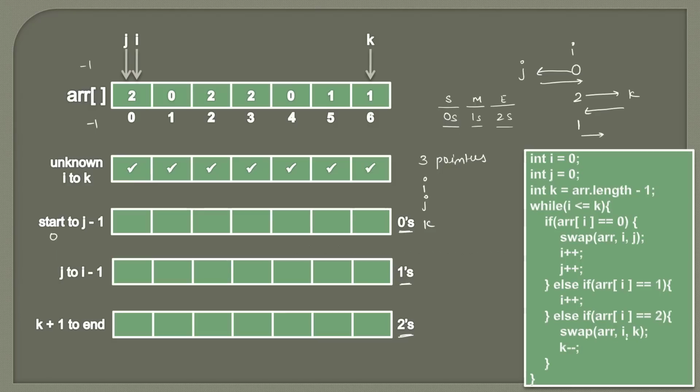So when we do the swap, 2 and 1, which are referred to by I and k, in the swap method we will simply swap them. So 1 will come here and 2 will come here. So here our one task is done successfully, that we have placed 2 at its proper position here.